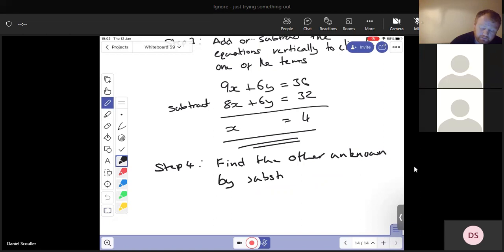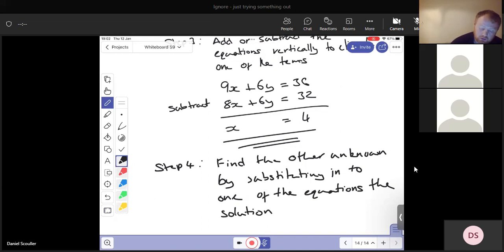Find the other unknown by substituting into one of the equations, and it doesn't matter which one, the solution in step 3.